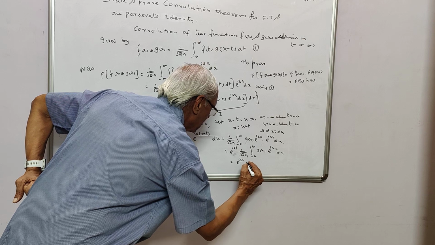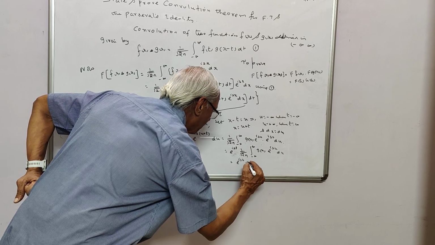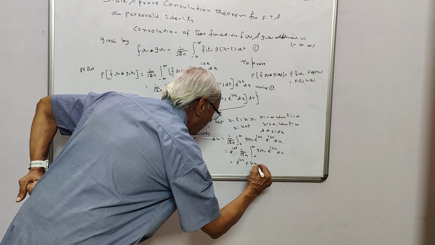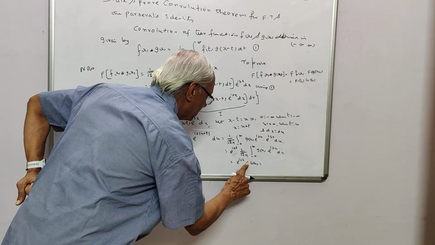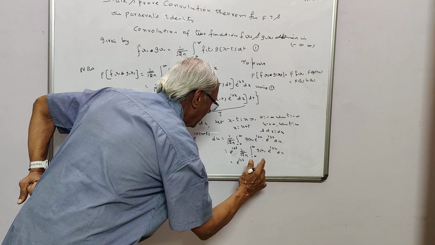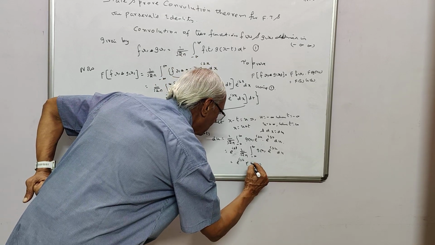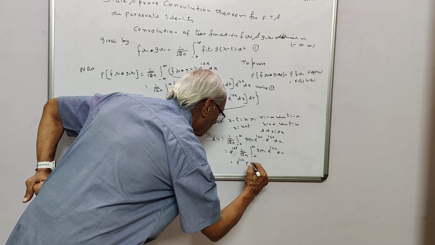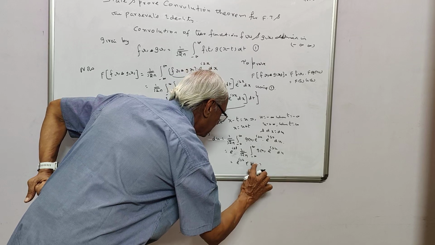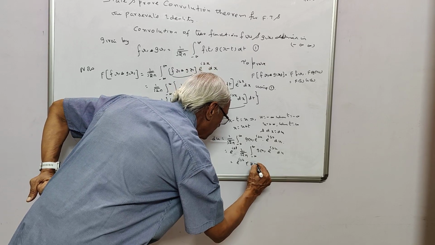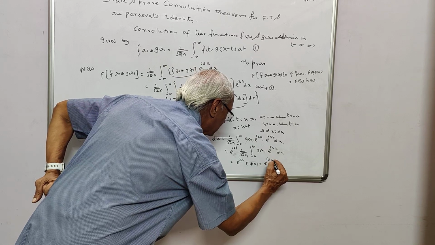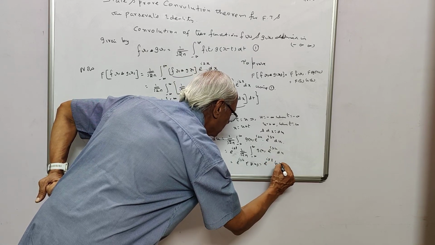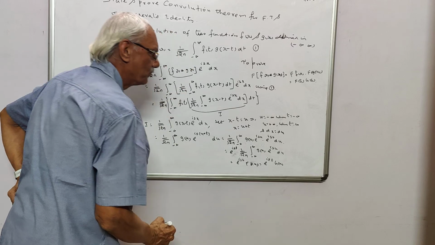So this is nothing but the Fourier transform of g of u, that is equal to e to the power of ist into the Fourier transform of g of u.